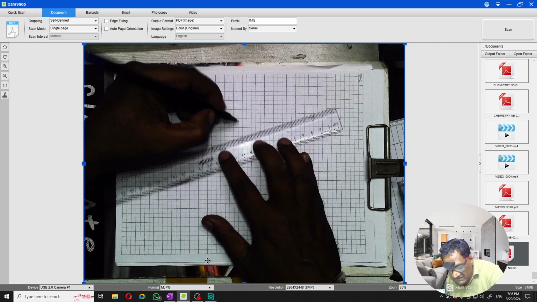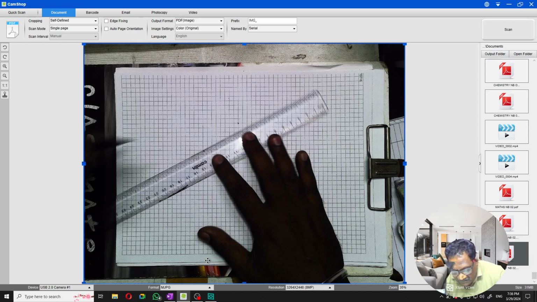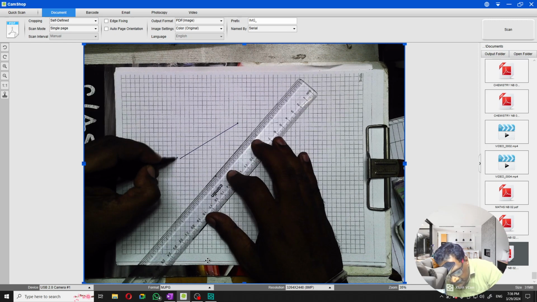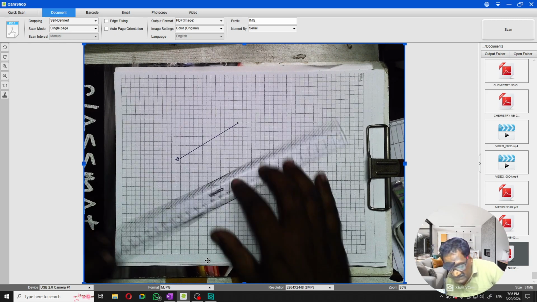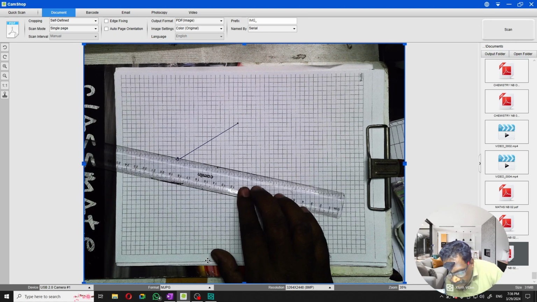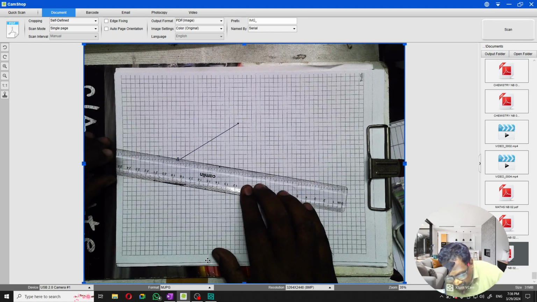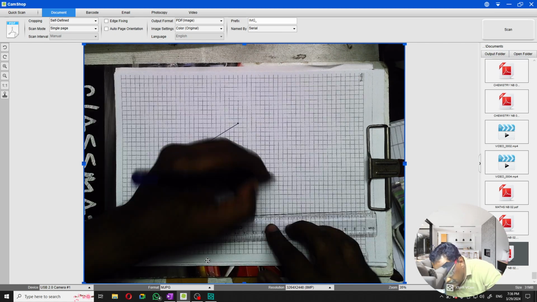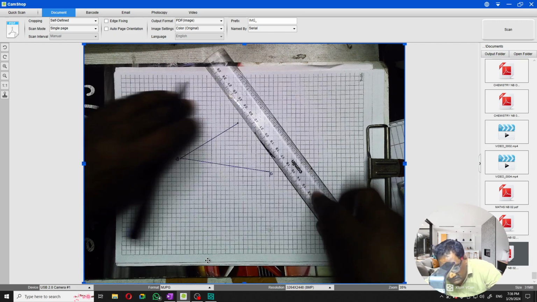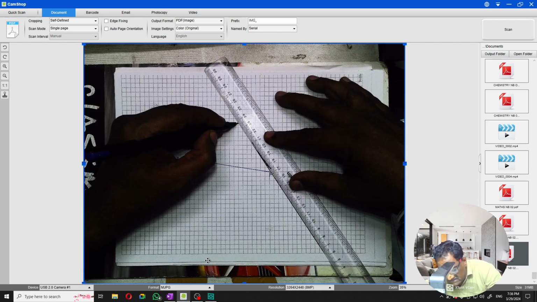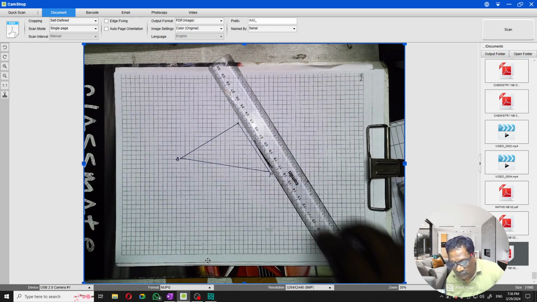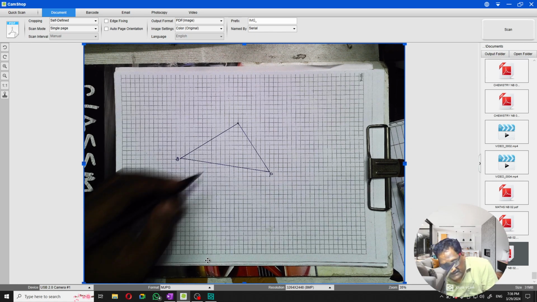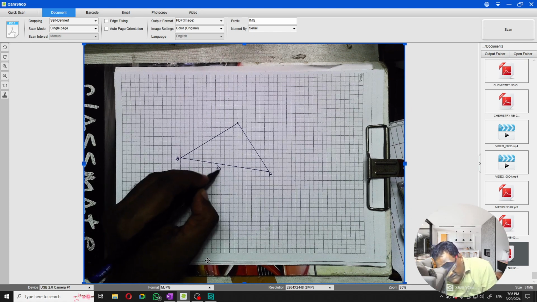Let me take those three towns as A, B, and this as P. This is the town P. Now the question says that the distance or the road BP is given as 250 meters. So I can write here 250 meters as BP.